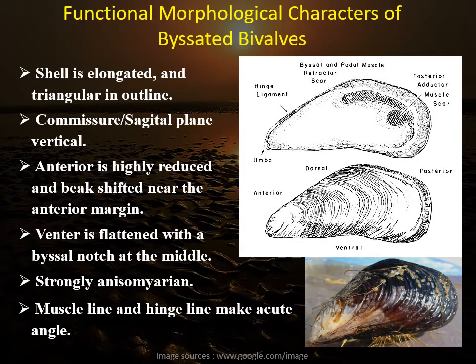The third type of mode of life found in the bivalves is the epifaunal group, and here it is the byssally attached. That means they have some threads, some byssus. Here you can see in this picture, these are the threads by which they attach themselves to the hard substrate, because they are epifaunal.